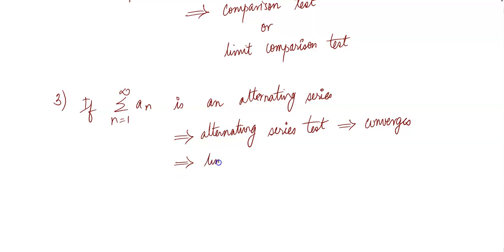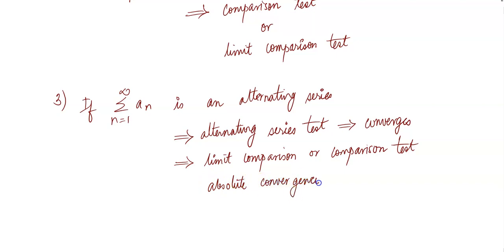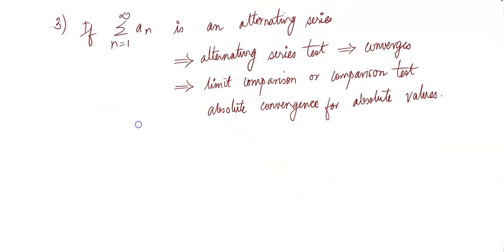And you could use limit comparison or comparison test to check for absolute convergence if you had absolute values. If you see the absolute value bars, then you want to try that.